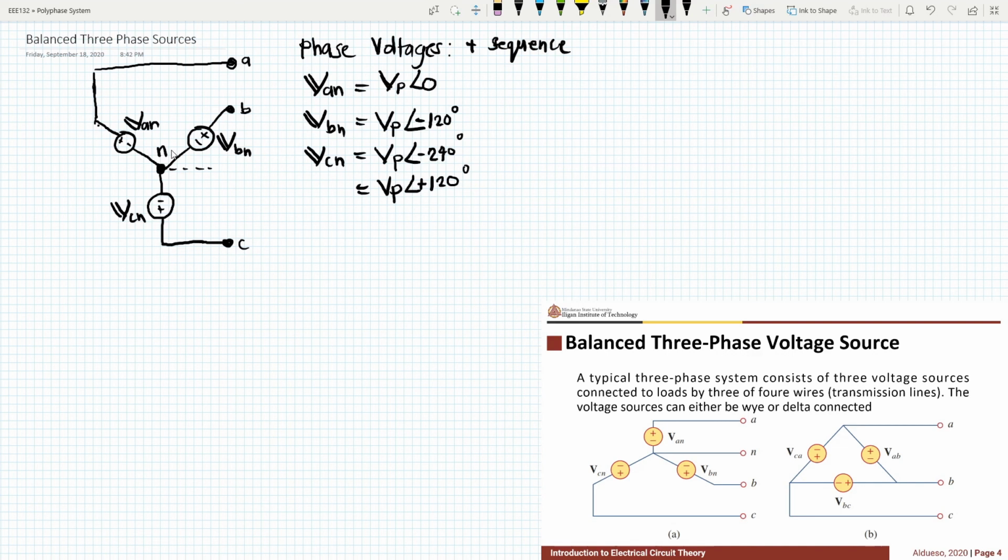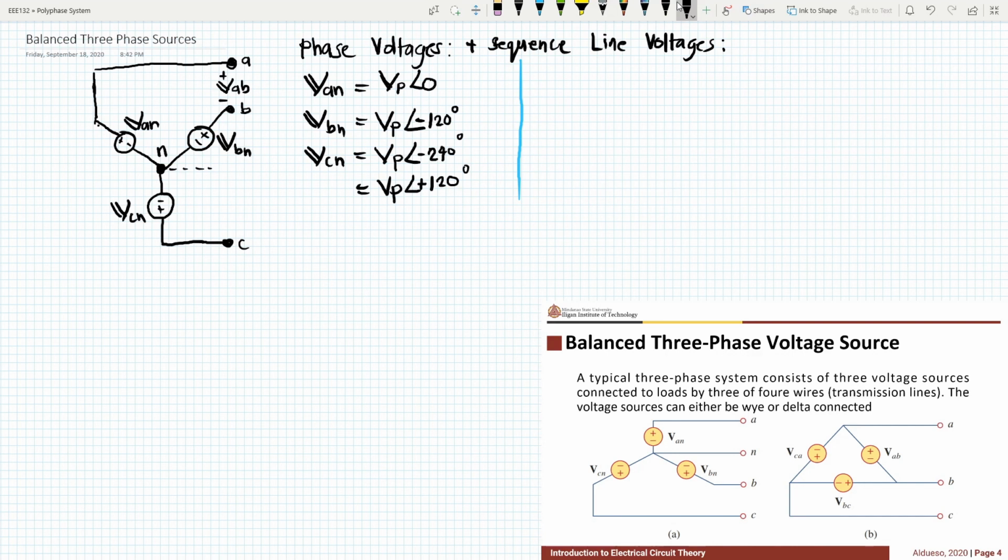Now, for a balanced three-phase source, we also have line voltages. If you look at this figure right here, a line voltage is a voltage between two lines. We have a voltage between A and B, a voltage between B and C, and a voltage between C and A. The voltage between A and B, we label as positive, negative, VAB.